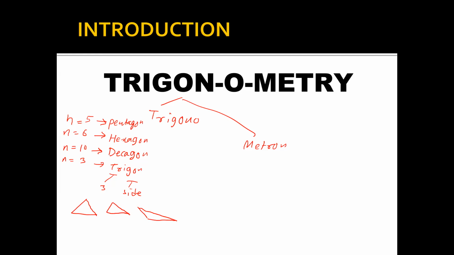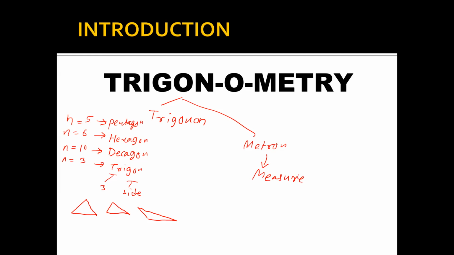As I said, trigonometry is a combination of two words, derived from Greek, trigonon and metron. When these two words are combined together, it becomes trigonometry. Now let's understand what is metron. Metron means simply measures.